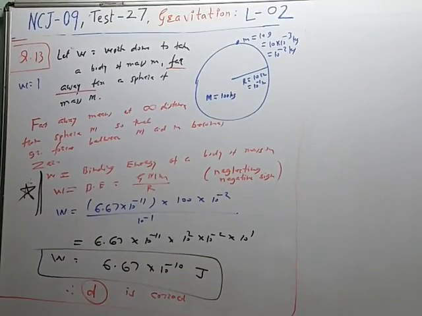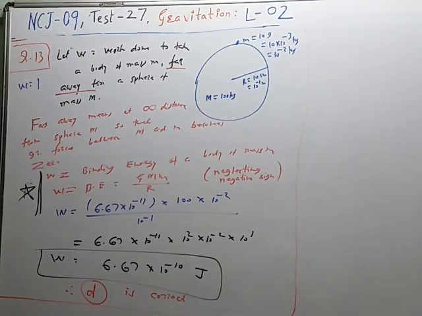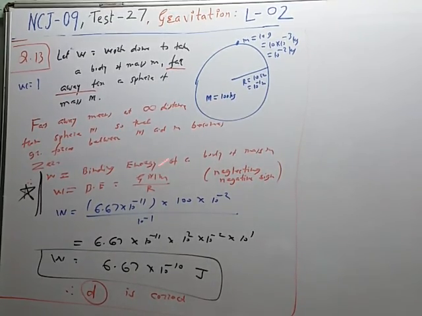So in this problem, we have to take the body far away, means at infinite distance from the center of the sphere, and at infinite distance the gravitational force will become zero, means we have to escape the body of mass small m from the gravitational influence of the sphere of mass capital M, and therefore this work done is called the binding energy.